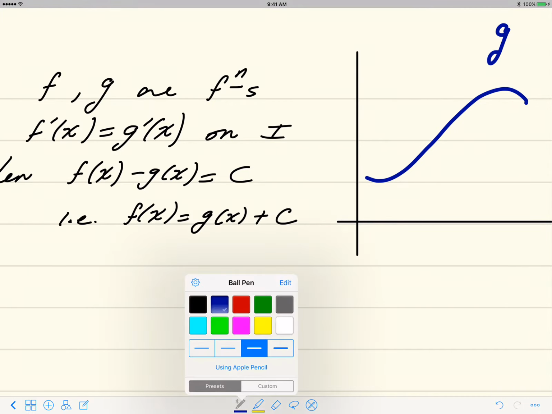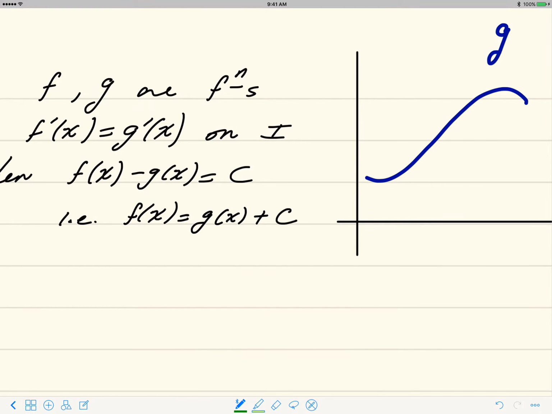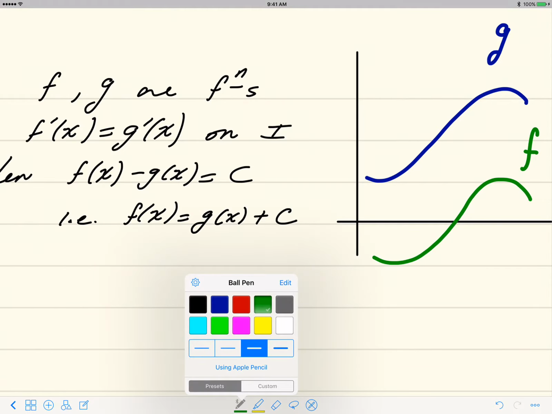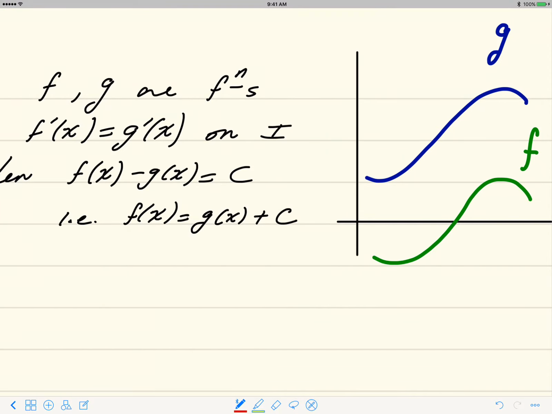Now if I'm going to draw another function f that has the same derivative everywhere as g does, then it has to have the same shape so that the steepness of the graph is exactly the same everywhere. So for example, if I pick this x value here, this is the slope, same slope, and this is true at every point.